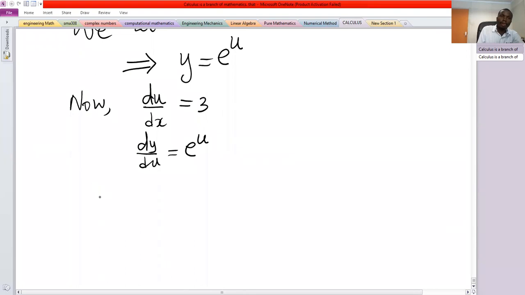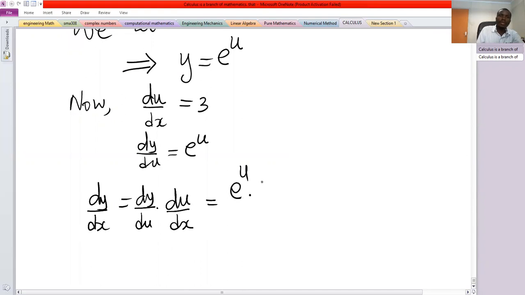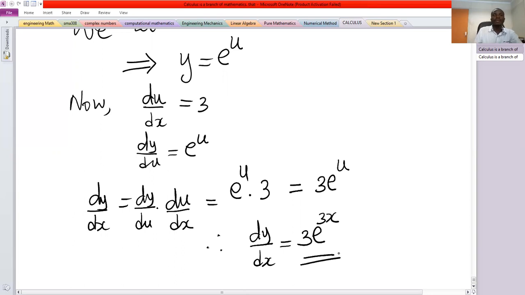So dy dx by definition is dy du times du dx, which will be e raised power u times 3. So you can write it as 3 e raised power u. Therefore, dy dx is 3 e raised power 3x. So that is the solution.